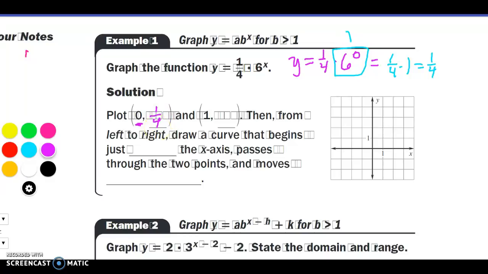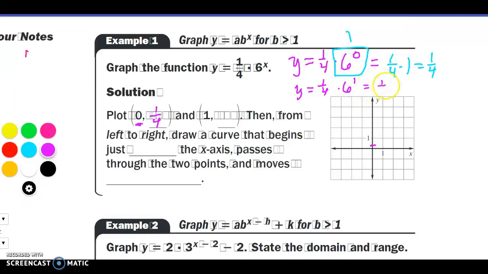So I'm just going to come over here to my grid, and I'm going to go to 0, and approximately 1/4 might be there. Okay, so that's my first point. To get my next point, I'm going to take the next easy number to put in for x, which is 1. So we're going to put into our equation y equals 1/4 times 6 to the first power.